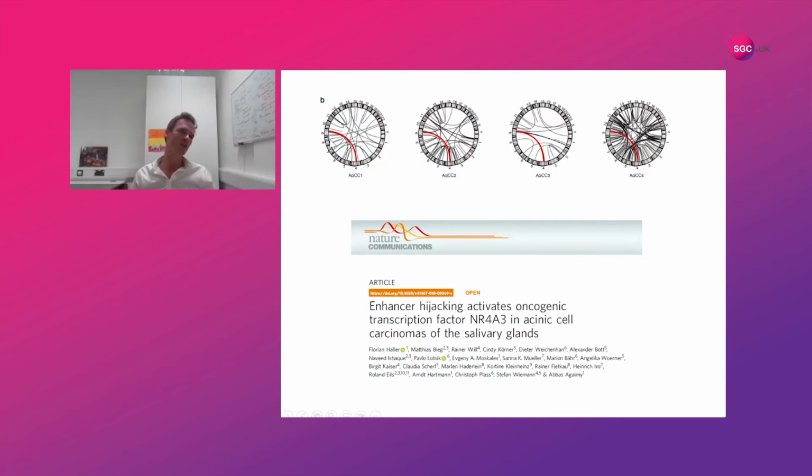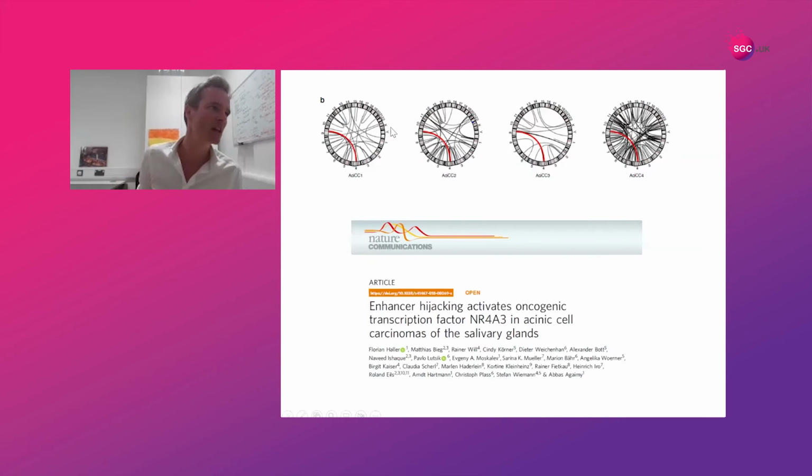And so there is this recurrent gene fusion that affects the gene NR4A3. And Jeff is probably familiar with it actually, but it's very similar to the whole story in adenoid cystic carcinoma, the other common cancer type in the salivary gland that we see, in terms of why this causes tumor growth and what the gene does.